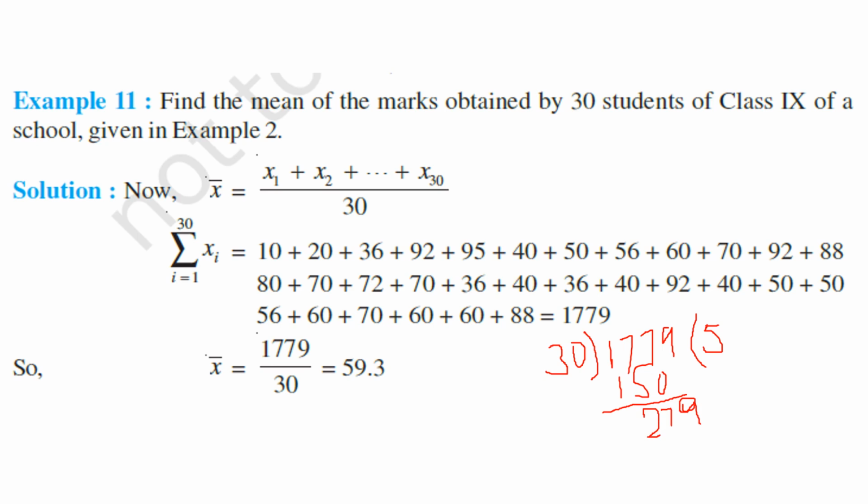What will you get here? 9 times, that is 270. Let us subtract here. What will you get? 9. Let us keep here a decimal point and we keep here 0. So 3 times, so 90. Here remainder is 0. Understood this point, my children? Right.